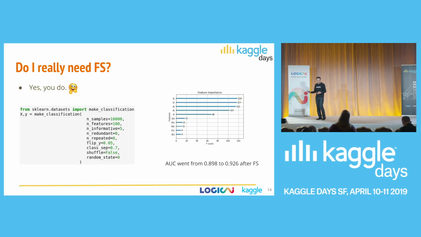Without feature selection, I think I got 0.89 AUC, and after feature selection, that means only with 5 features, it jumped to 0.92. It's kind of expected because this experiment is a little bit biased towards this problem, because I created 95 features that are noise. But the point I'm trying to make is that in real life, or even in some Kaggle competitions, you might not know which is the right set that might give you the best performance.